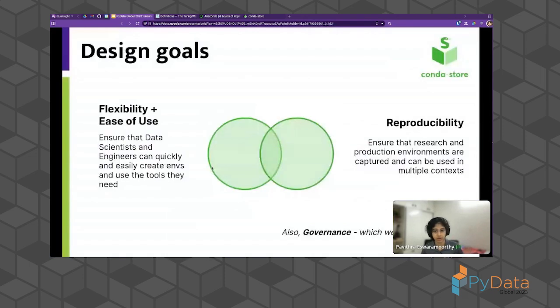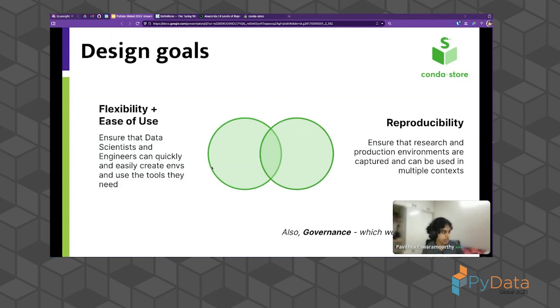Just to give an overview of what we are trying to do, we want things to stay reproducible. We want data science environments, which come with additional complexities, to stay reproducible, but also be flexible and easy to use, because if the workflow for reproducibility is harder, folks will inevitably fall back to older patterns, which may not ensure reproducibility, right?